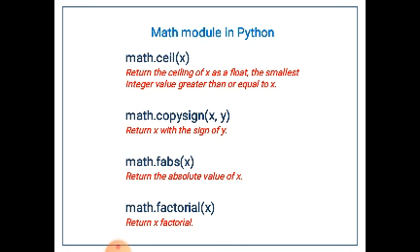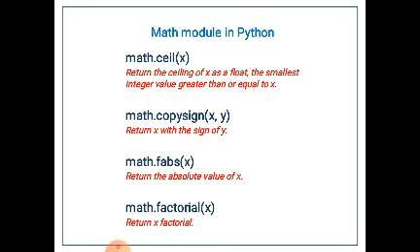And if the decimal number stands from 5 to 9, then it will be given to the next value. So ceiling is also similar. It gives the integer value that is greater than or equal to x.